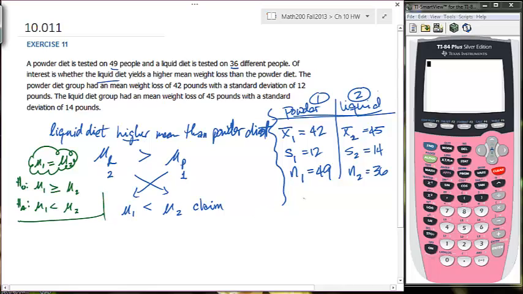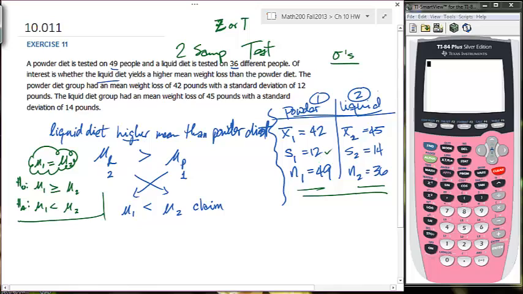So we got the null hypothesis and alternative hypothesis. We have all our statistics needed to run this, and so we're going to go to our calculator and note that we are doing a 2 sample test. The question is whether it's a Z or T, and we make that distinction by identifying our sigmas, population standard deviation.